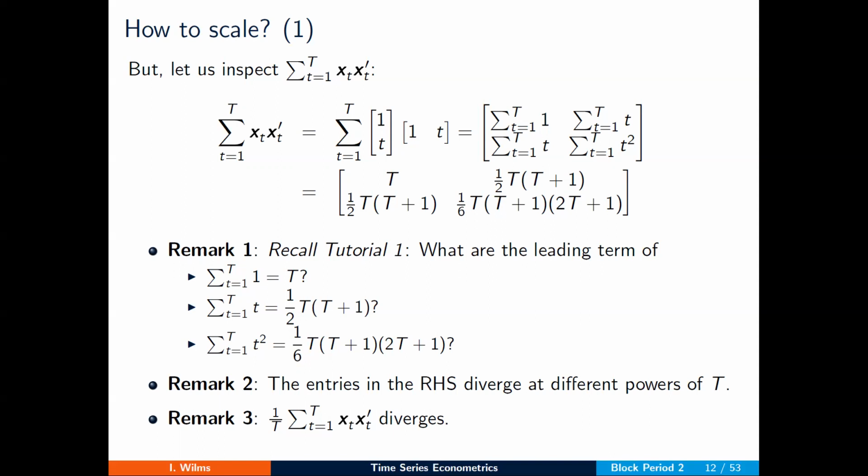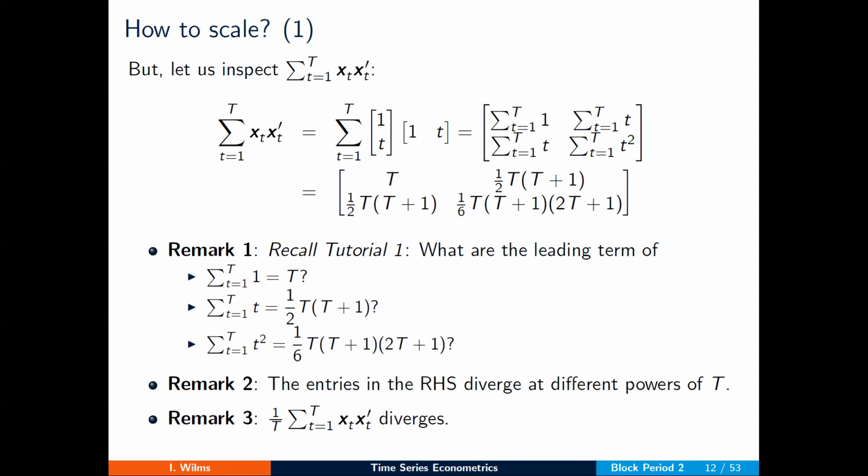In the first tutorial, you have seen these sums in t. Of course, the first entry is just equal to the total number of observations, or the time series length, capital T. In the first tutorial, we've also seen that the expressions of the sums of t simplify to these expressions over here. Please verify that by looking back at your tutorial assignment.